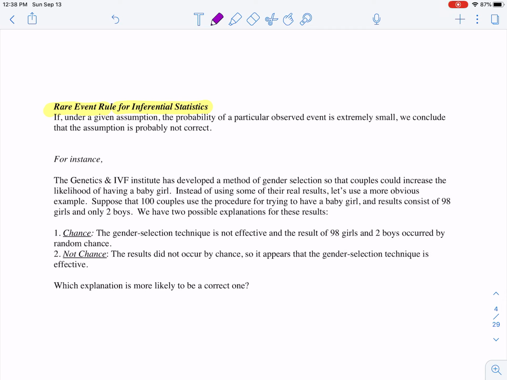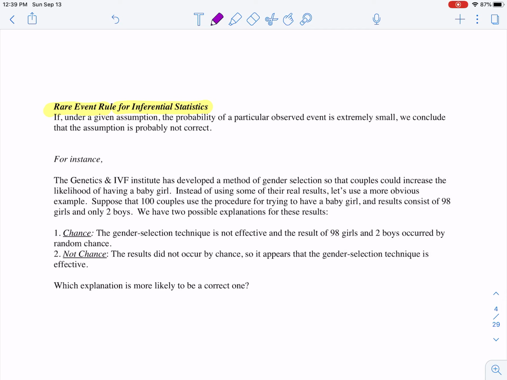And that's what the rare event rule for inferential statistics is saying: we would rather go with a decision that is more sound because it has a higher chance of happening. But that's not a perfect assumption, because just because an event has a small probability of happening, it doesn't mean that it won't happen.